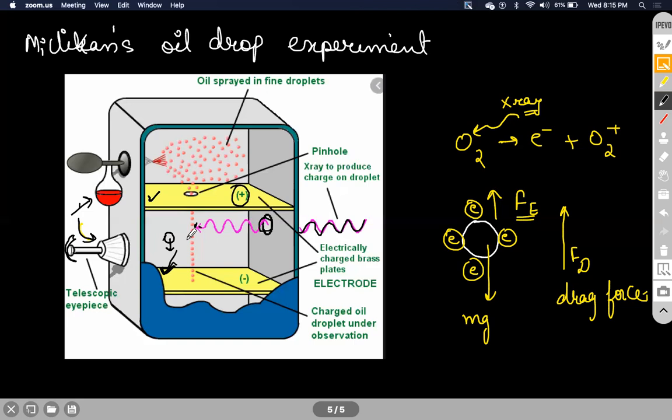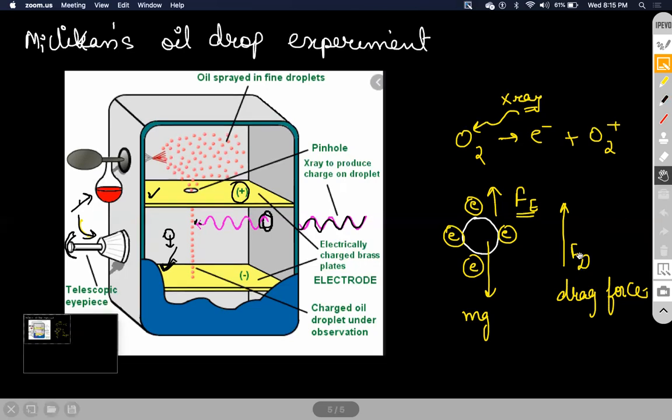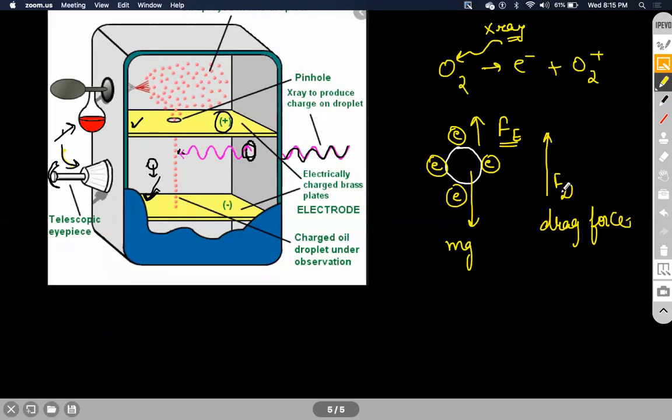Why do they remain suspended? Because for some oil droplets, Fe plus Fd will be almost equal to the gravitational force. Is it clear? Those oil droplets will remain suspended. Understood?